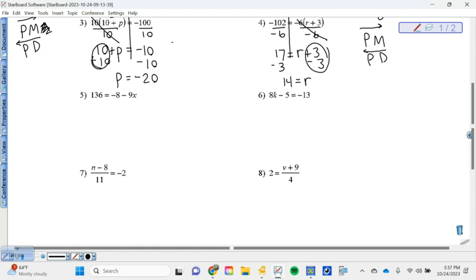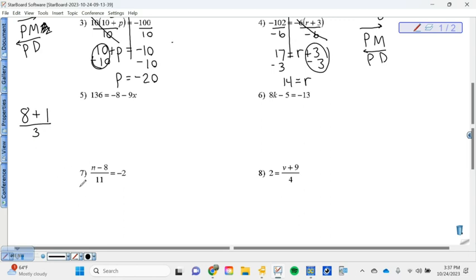7 and 8 are kind of similar to 3 and 4, and I want to show you why. So pause on 7 and 8 for a second, let me show you this. If I gave you something like this, what would you do?